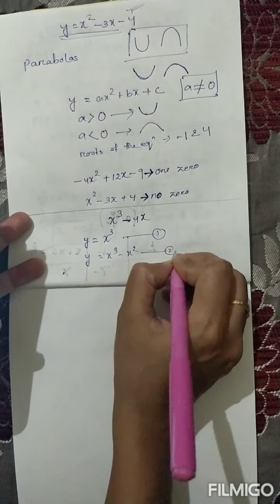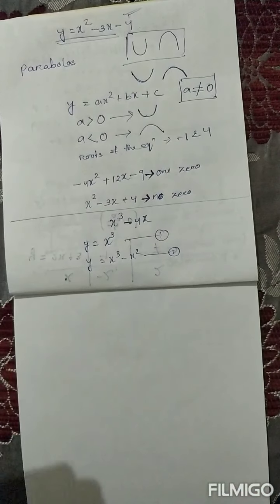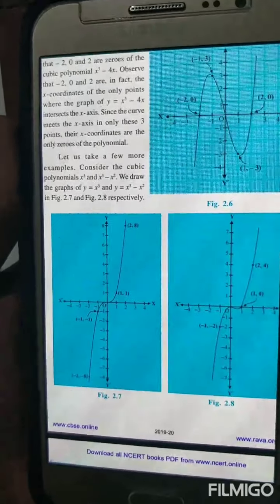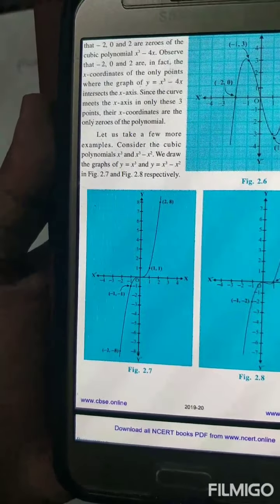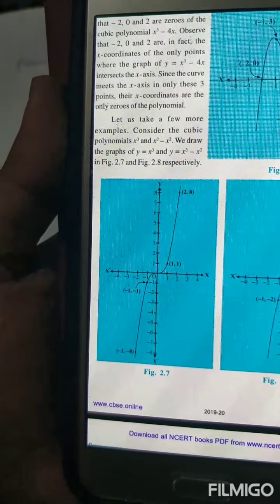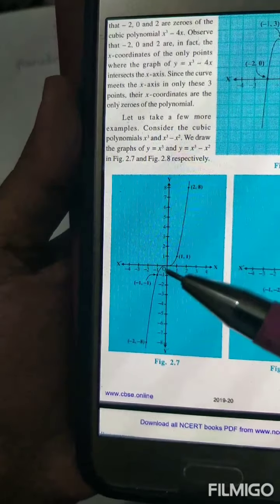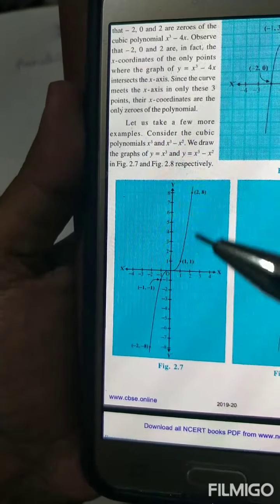So two different graphs will be plotted. I'll show you the graph in your book. In figure 2.7, I hope it is clearly visible, this is the graph for y is equal to x cube.